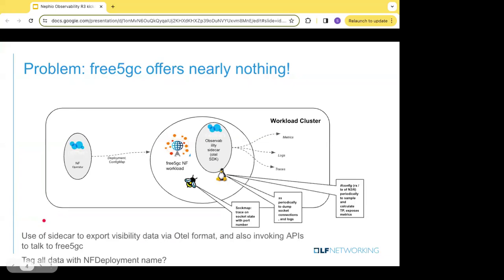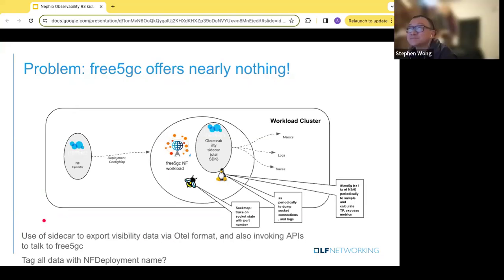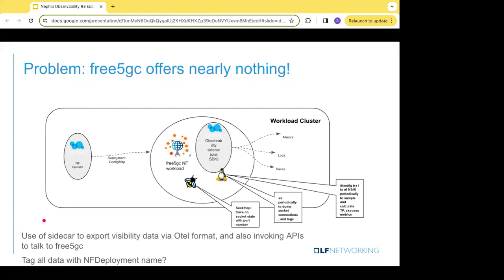As a reference, a friend of mine from Orange, he's probably not at Orange anymore, but he was doing a PhD, and he had some work on observability via eBPF. He was creating some 5G protocol-specific eBPF programs to collect data.